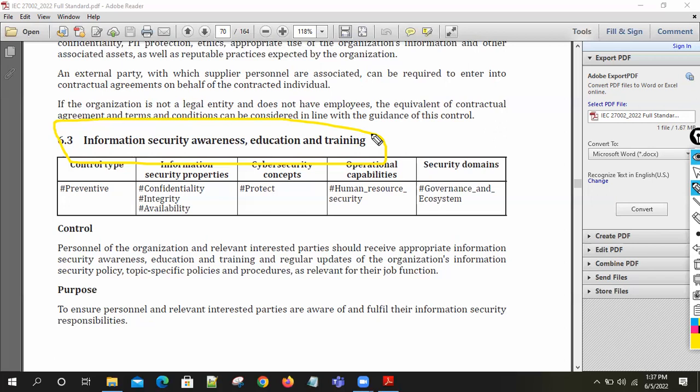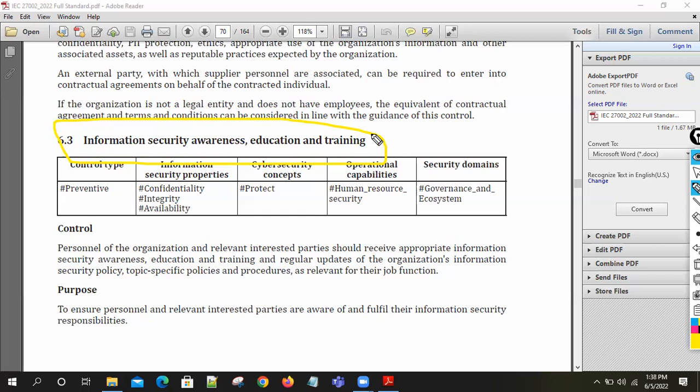But these things happen because I have not been given proper education or awareness, or I am not being imparted any training. That's why I'm doing these kinds of activities. So this is a risk identified: lack of awareness and training related to the information security process.